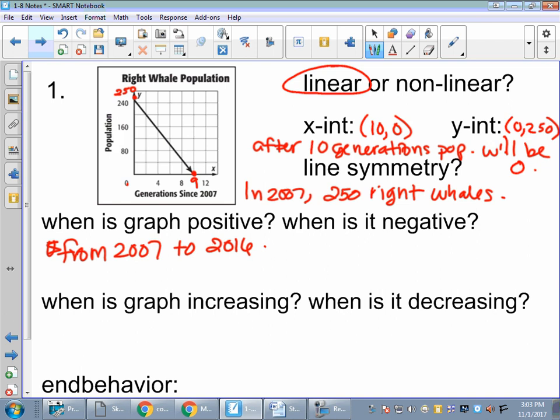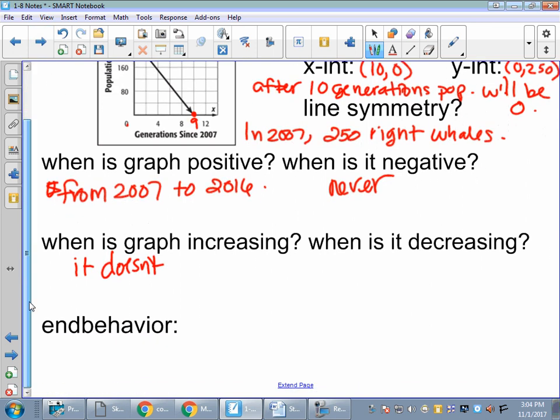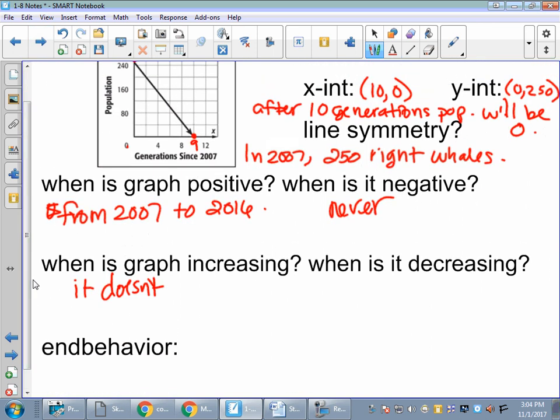When is it negative? Never. It can't be in this sense, because you can't have a negative amount of whales. When is the graph increasing? It isn't. It doesn't increase. The whale population is on a decline. So when is it decreasing? From 2007 on, it's decreasing.